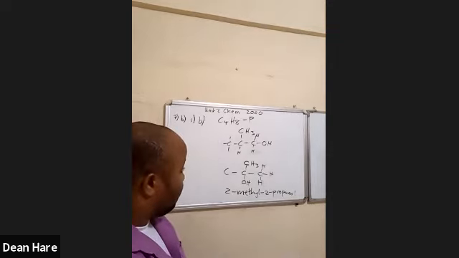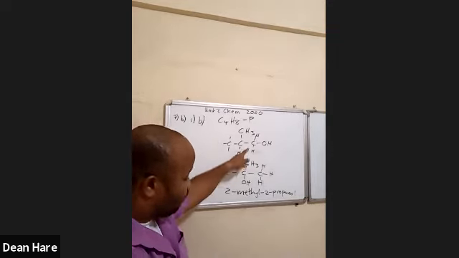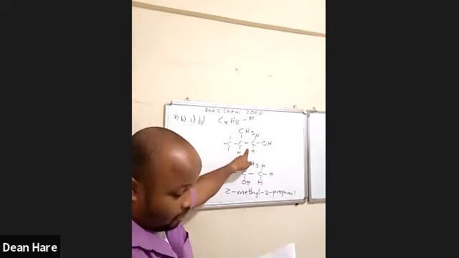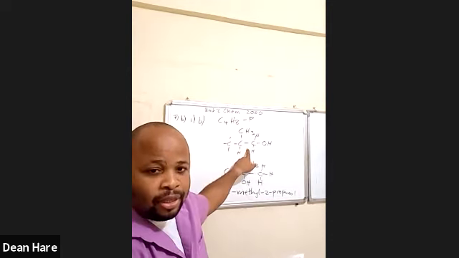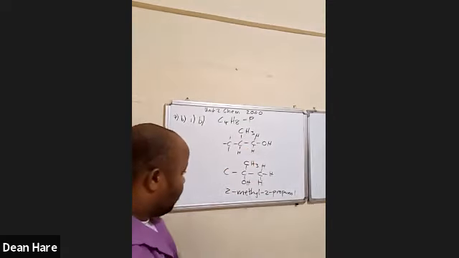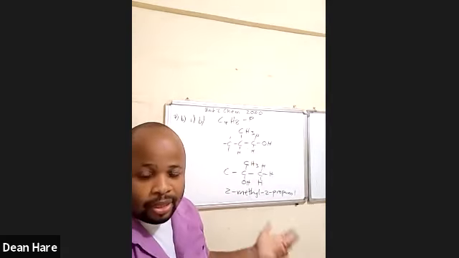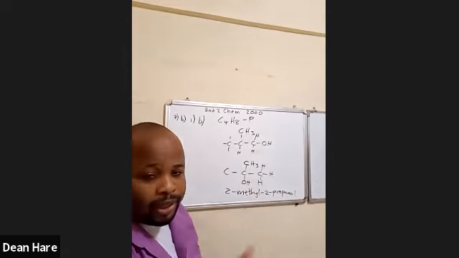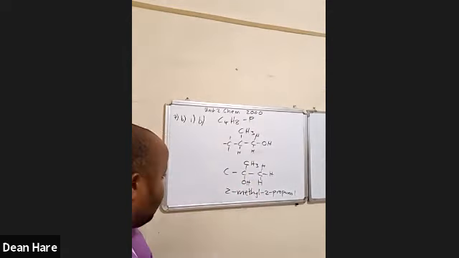Now the question did not ask us for these structures, it asked us to name and draw the displayed formula of isomer Q. So isomer Q is 2-methylprop-1-ene. So that's the answer.